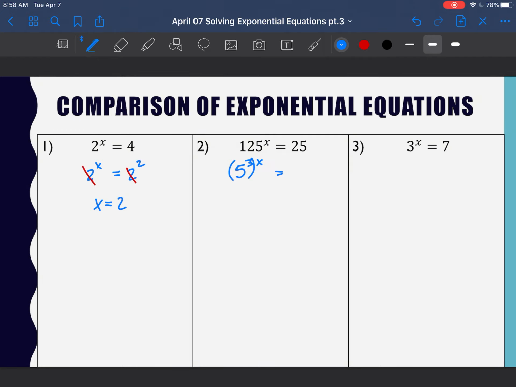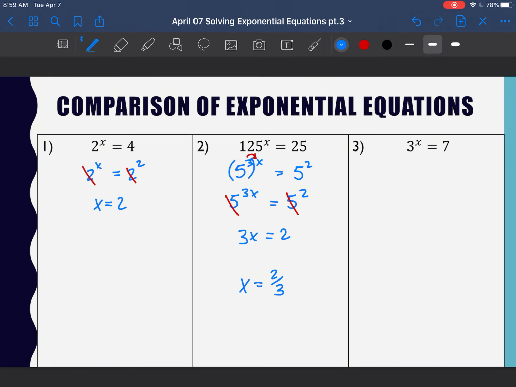Bring the x down, and 25 is 5 squared. Then you would distribute the 3 to multiply, so you would get 5 to the 3x equals 5 squared. And then now that the problem has a base matching and the parentheses are gone, now you can cancel out the 5's. You get 3x is equal to 2. And then divide both sides by 3, so you get x is equal to 2/3.